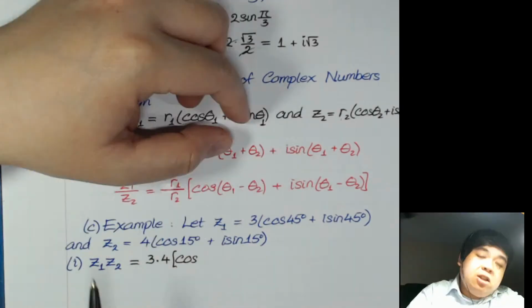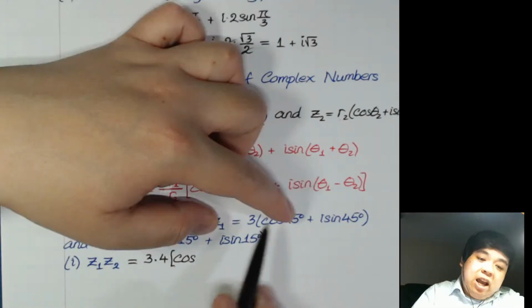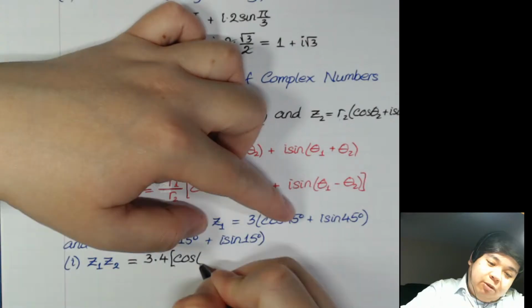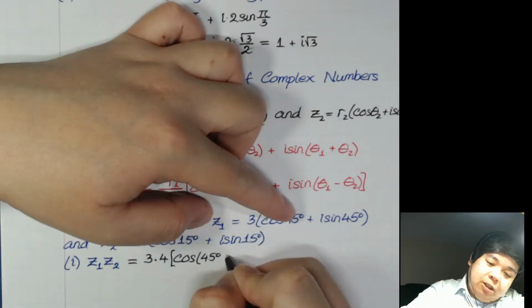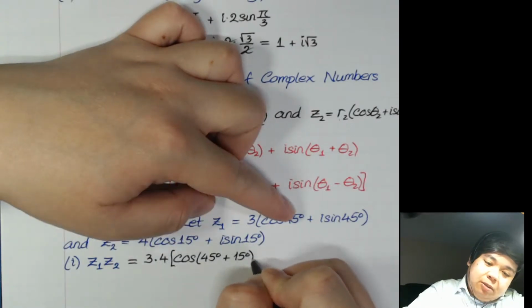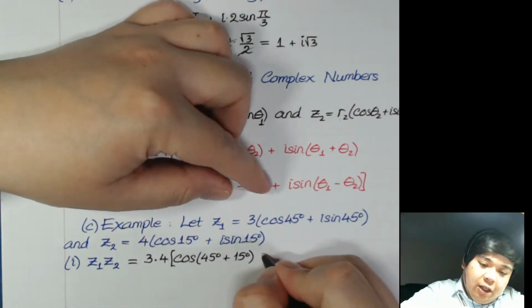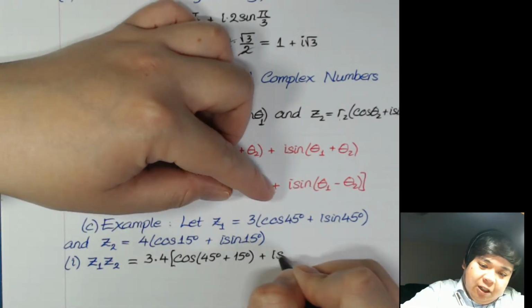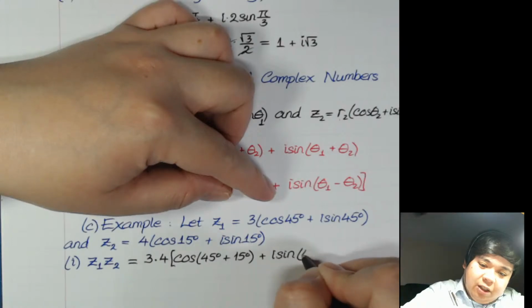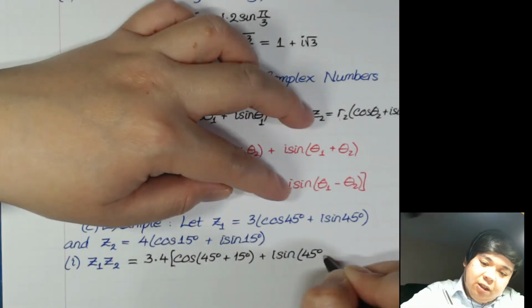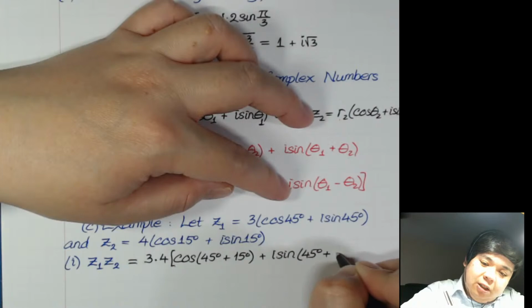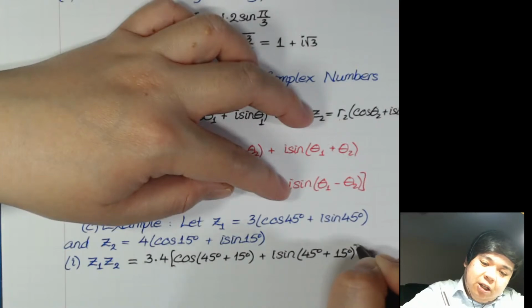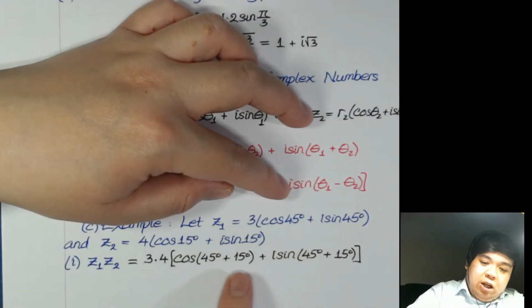And then if this is multiplied, we will add the angles. So cosine of 45 degrees plus 15 degrees, and then I sine of 45 degrees, as always, those two must be the same.